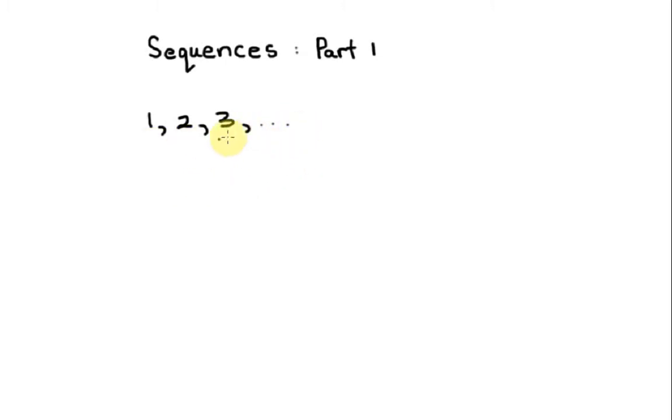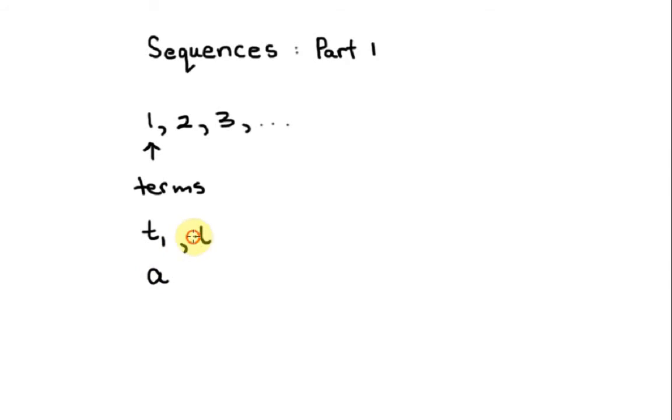So here's a very simple, basic sequence, 1, 2, 3. These little numbers here, they are referred to as the terms of the sequence. Typically we identify the first term, even though it's term 1, it's very common to use the letter A for term 1.